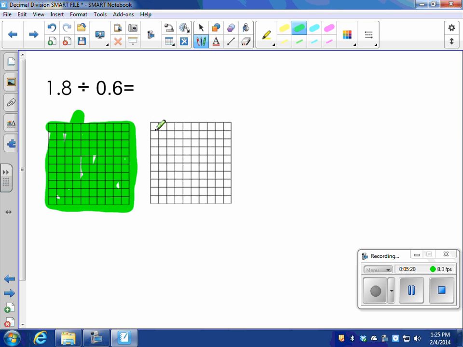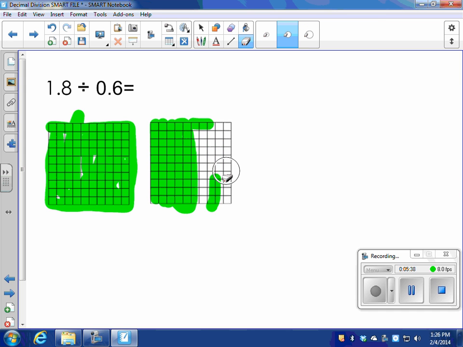and then 8/10. Good thing I don't get paid to color. And here we go.